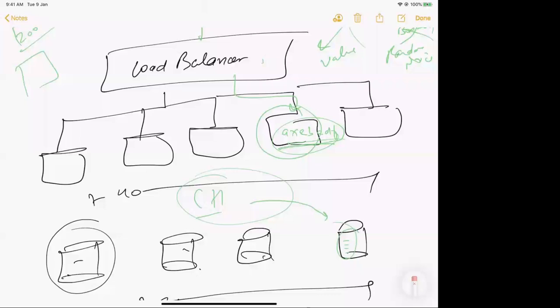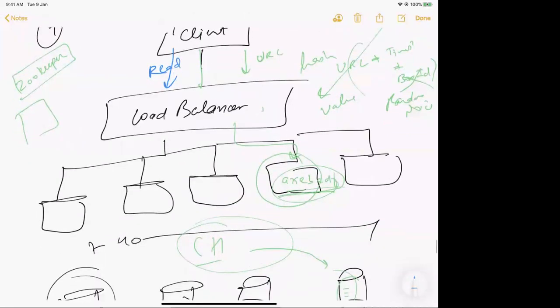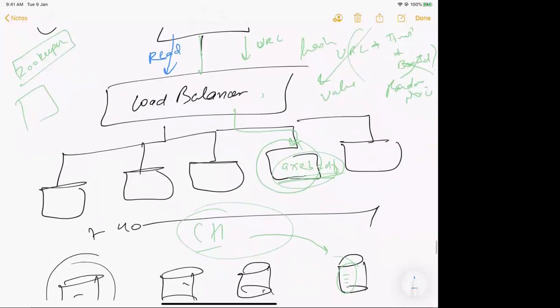First of all, everybody, let's discuss how a read request would happen. So let me use the blue pen to describe the read request. The client comes with a shortened URL to the load balancer. He or she wants to read it. Now the load balancer is going to redirect that request to any of the app servers because this is totally stateless.